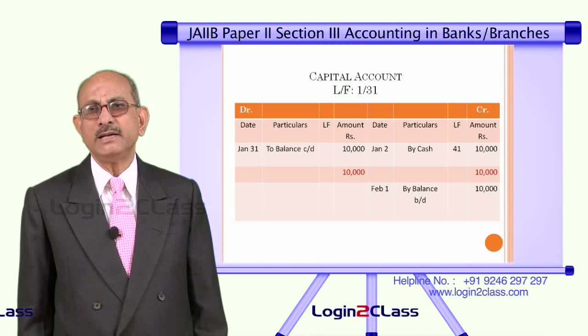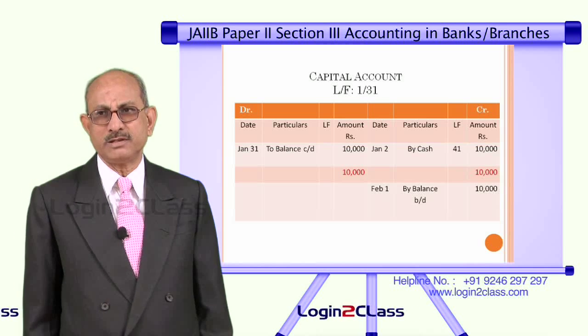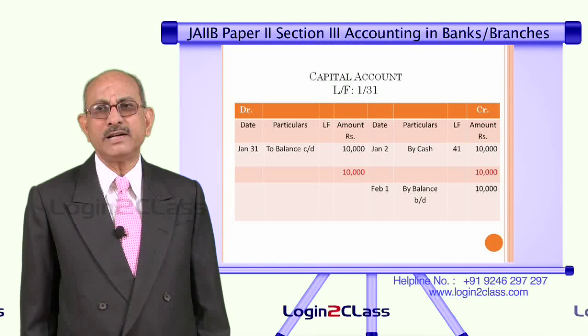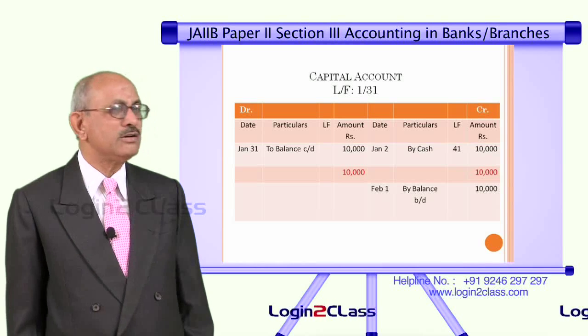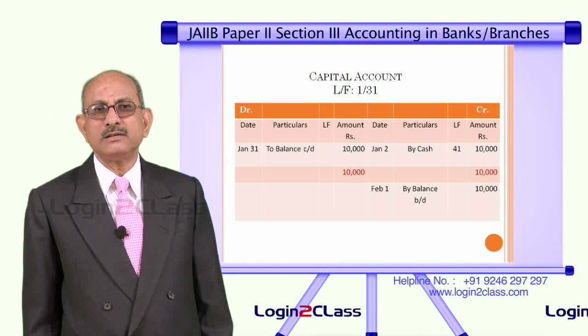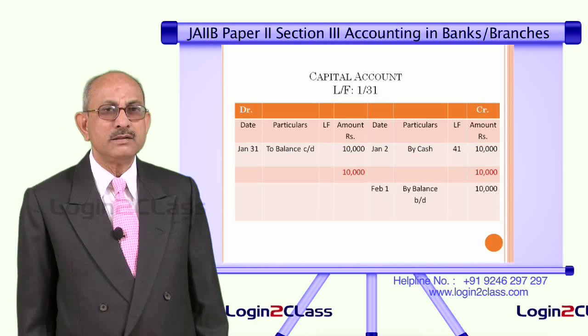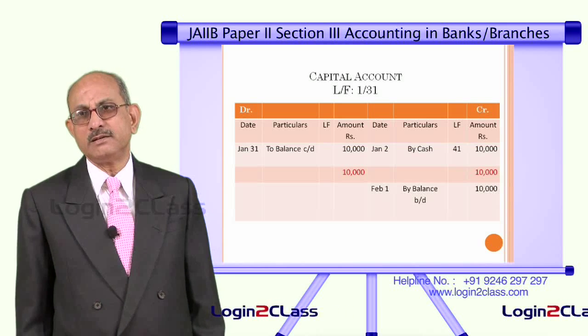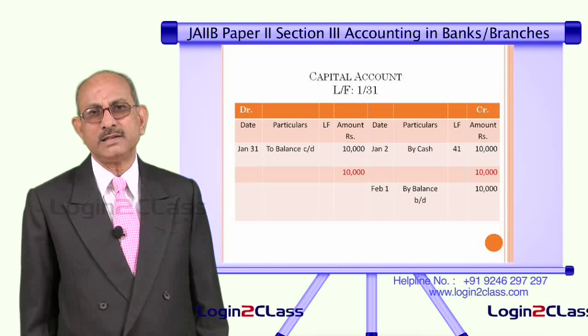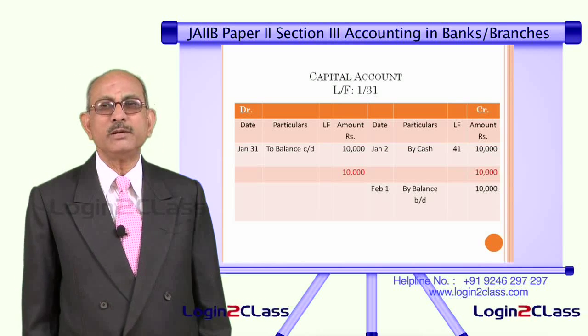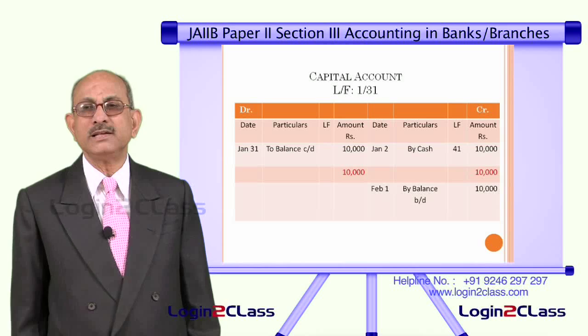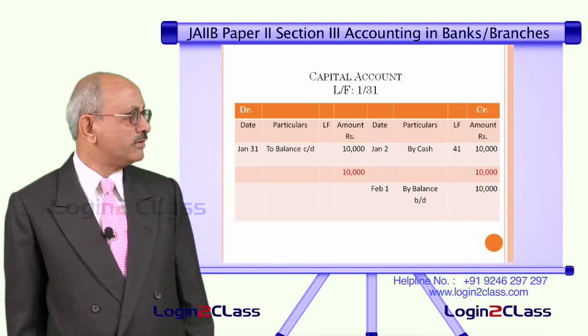So this will show a credit balance of 10,000 rupees. That means normally all real accounts and all personal accounts will show either a debit balance or a credit balance, whereas all nominal accounts like your purchases or other items of expenditure or sales or other income heads will not show any balance, and whatever balance is there has been carried down to the profit and loss account.